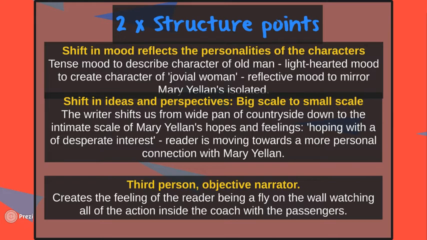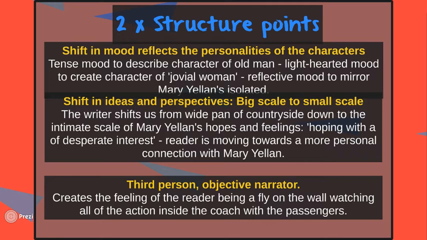And the writer shifts us from that wide pan of the countryside, where he talks to us about how gloomy it is and the path that the coach is travelling down, but then really scales it down to something a bit more intimate, where by the end of the extract we're on a much smaller scale, because we're now accessing Mary Yellen's hopes and feelings when she writes hoping with a desperate interest. So we get the sense now that the reader's moving towards a more personal connection with Mary Yellen, which would definitely link with this idea that the characters are being brought to life for us.